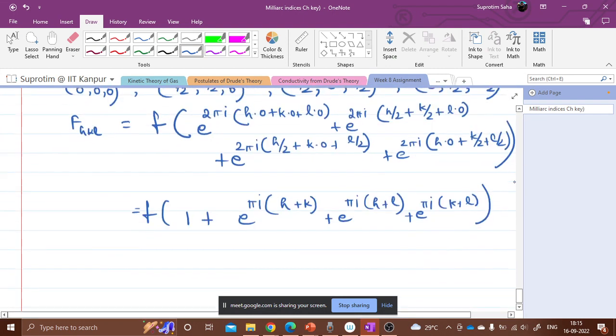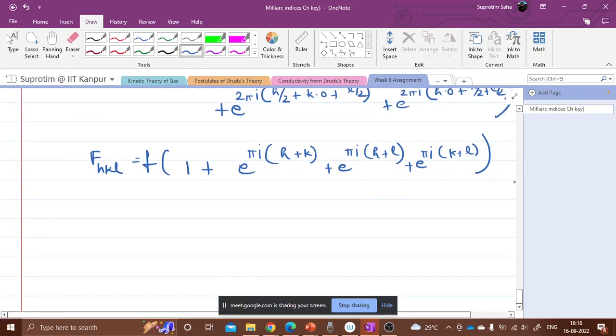Now for F_hkl to be finite, each term individually has to survive. If h plus k is even, the e raised to pi i term survives. If h plus l is even, that term survives. And if k plus l is even, that term survives. The exponential term has no option other than being 1 or minus 1, because h, k and l are all integers, so each can be either odd or even.